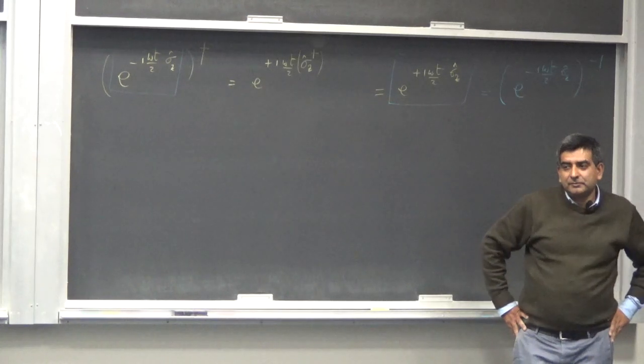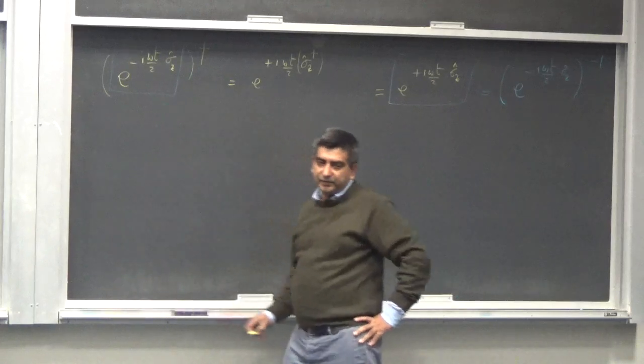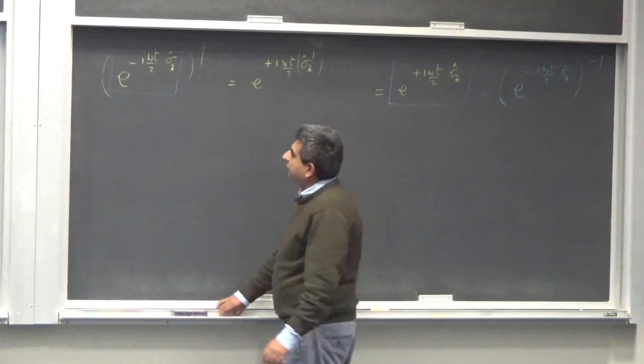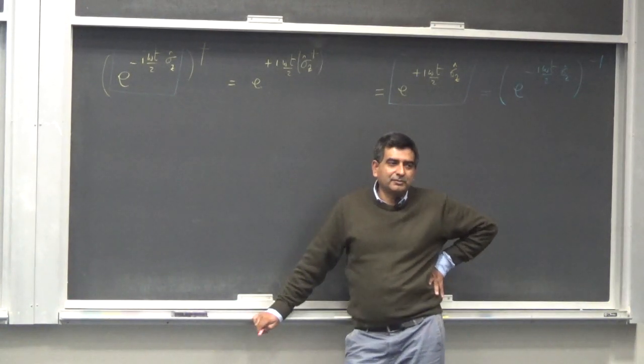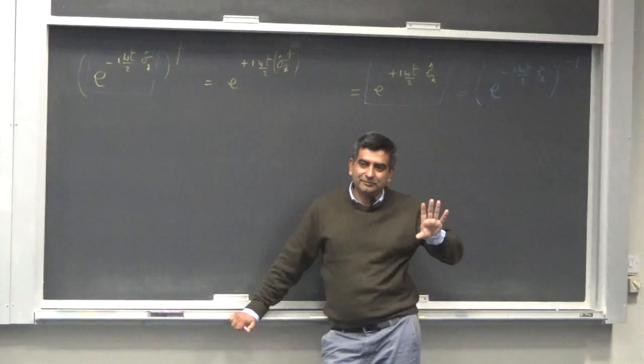Yes. Why? It is a rotation operation because what you observe is you have an axis of rotation. What's the axis of rotation? The z-axis. And what's the amount of rotation? It's omega t.